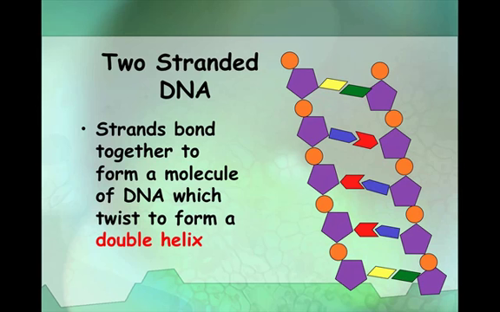And what we said before was hydrogen bonds are what attach these bases together. And you have to always remember that guanine and cytosine always pair together, and adenine and thymine always pair together.